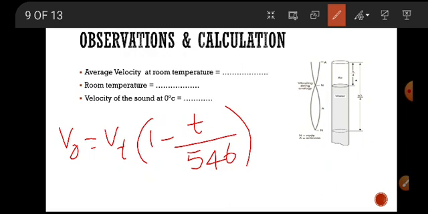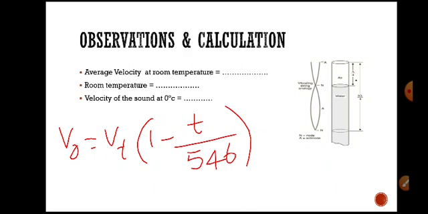So what is the average velocity at room temperature? The room temperature is observed as 28 degrees Celsius. For example, the average velocity at room temperature is calculated as 31,080 centimeter per second, and now you substitute this value.